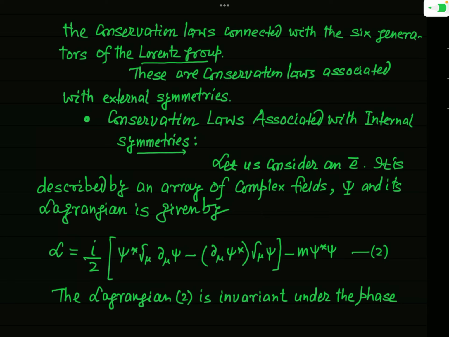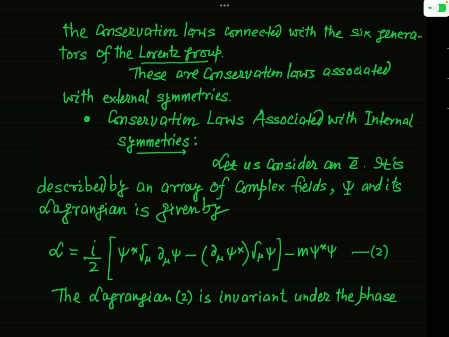Till now I have given some important examples of the conservation principle: conservation of linear momentum, conservation of energy, conservation of angular momentum, and the conservation laws connected with the six generators of the Lorentz group. And corresponding to these laws, you have seen which quantities are non-observable.